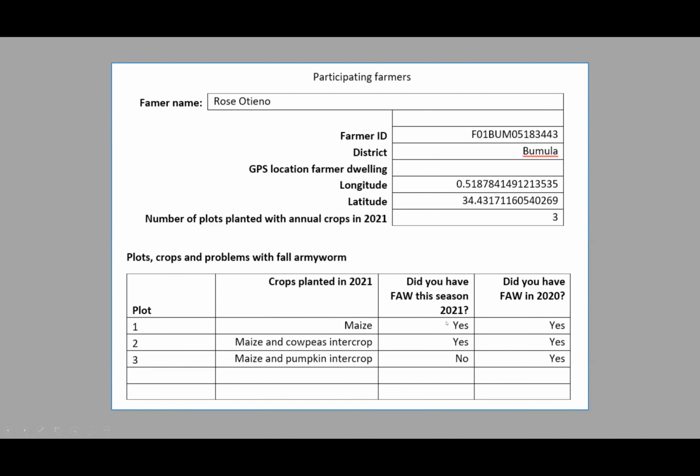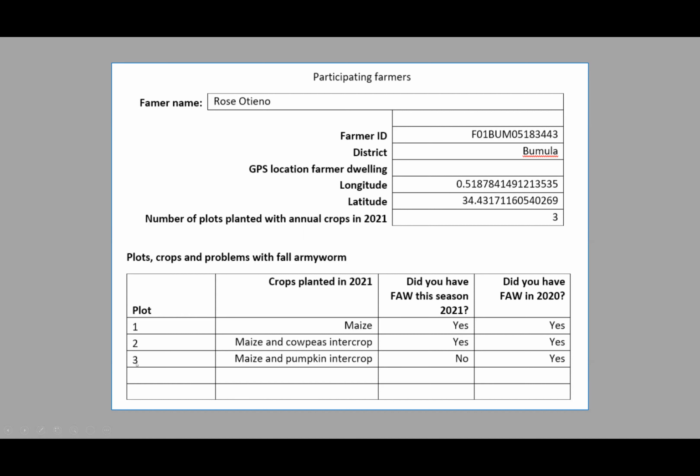Did she have problems in 2021 with fall armyworm? Yes. Did she have problems in 2020 fall armyworm? Yes. She had 2 more plots, one with maize and cowpeas in intercrop, where she had problems last year, so this year, and had problems in the previous year.